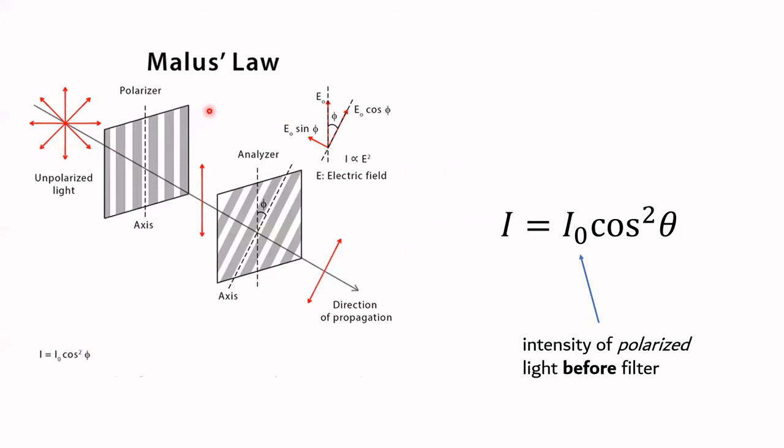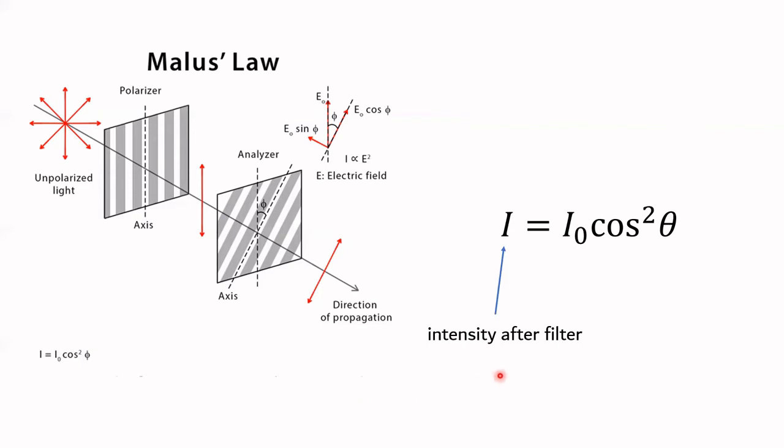And yes, it's true that the intensity of this light is already 1/2 of the intensity of this light, but I'm choosing in this picture to use the symbol I naught for the intensity of the already polarized light before it passes through the second filter. Capital I here is the intensity of the final electromagnetic wave after it's passed through the second filter.